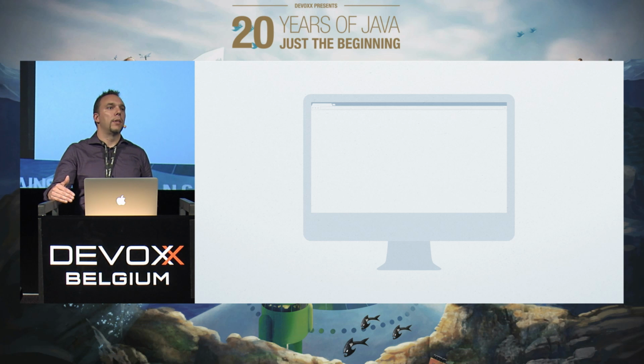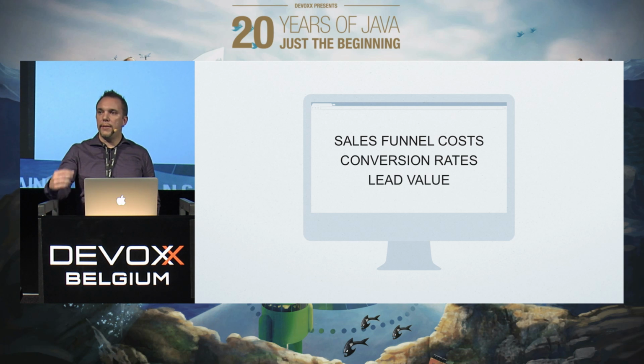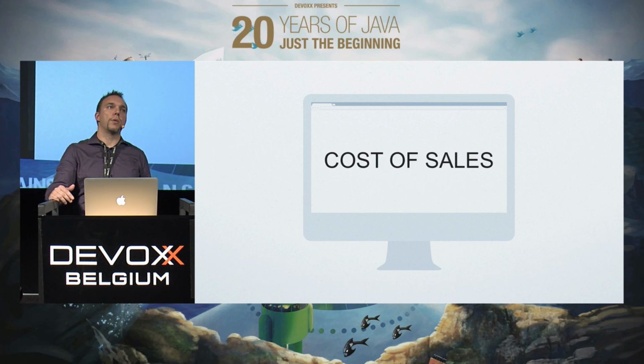But what you can do is a little experiment. Spend a couple hundred, 200 euros on Google Ads and test your sales funnel costs. This will give you a really good idea of how much it would cost to attract customers via a channel like Google Ads, a very good idea of cost of sales.